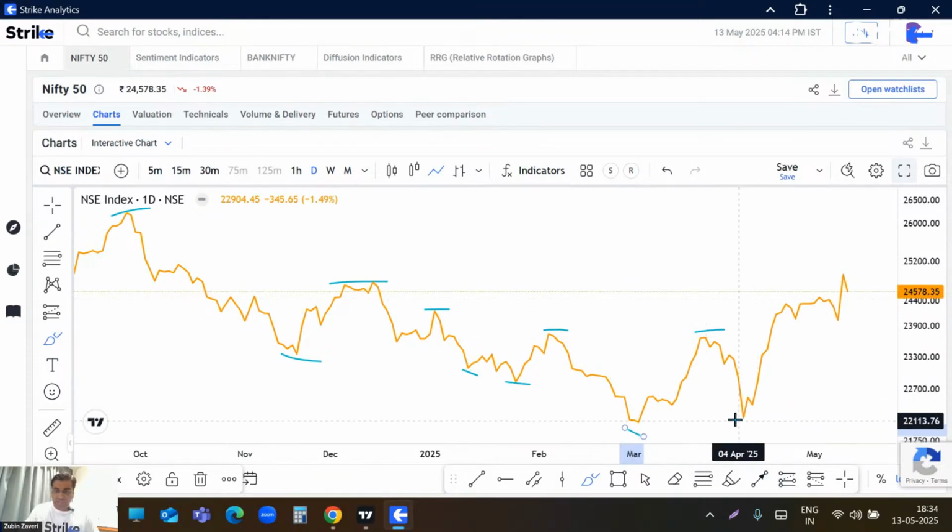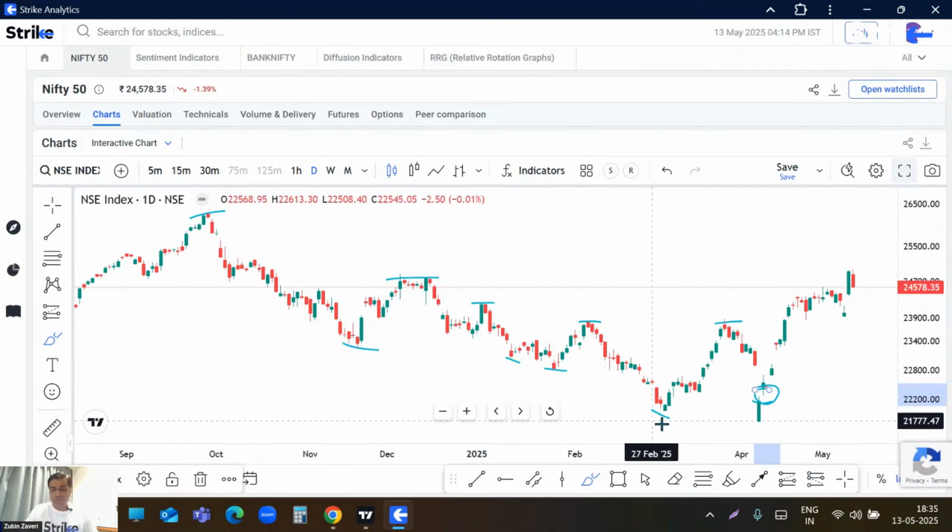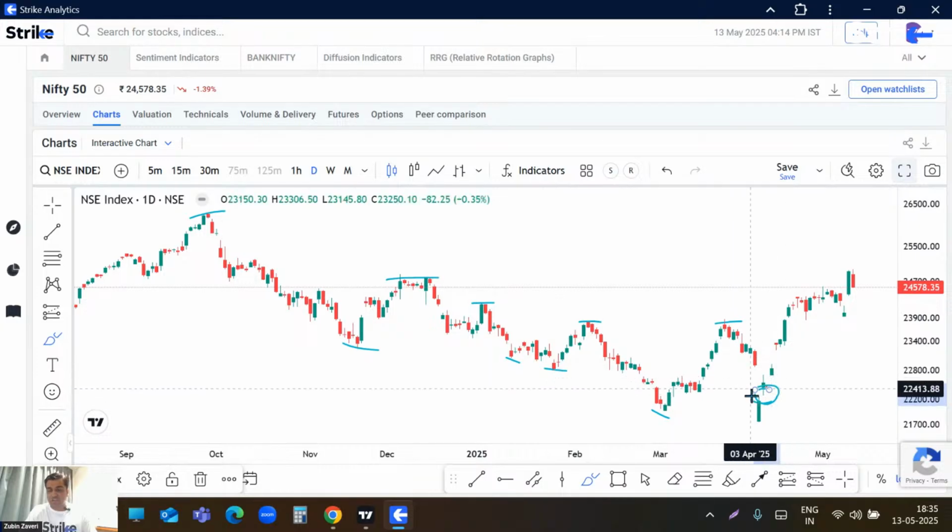So we can consider this a higher low. This was the first point where we thought that the short term downtrend, which started somewhere in the month of October 2024, is some chance where the market can turn up.